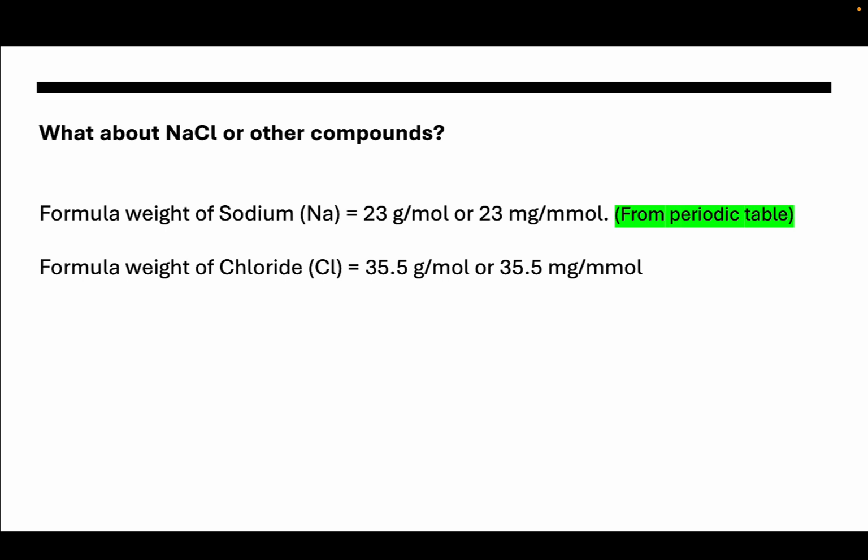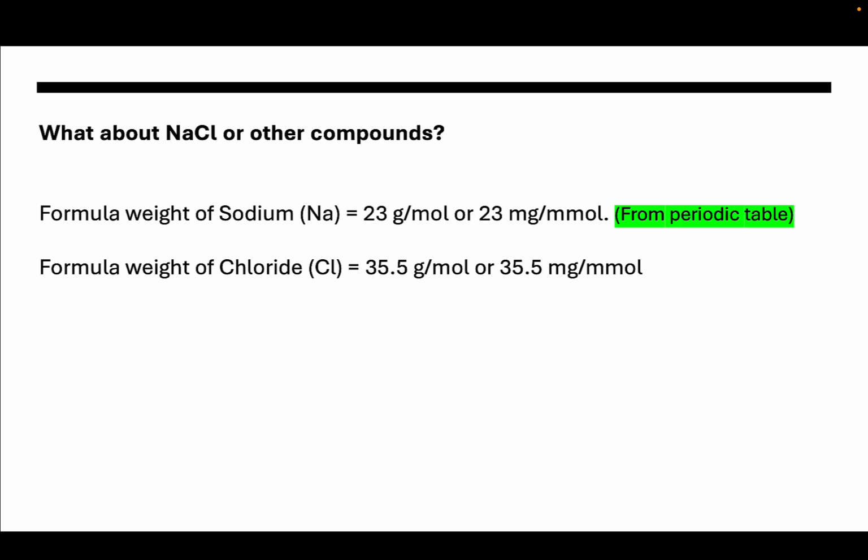Okay, what about sodium chloride or other compounds? Well, we know that it's NaCl, that's the formula for sodium chloride. In order to get the formula weight of sodium chloride, the compound, we recognize that sodium has an atomic mass of 23 grams per mole, and chloride has 35.5 grams per mole. I highly recommend that you use your periodic table to verify this for sodium and chloride.